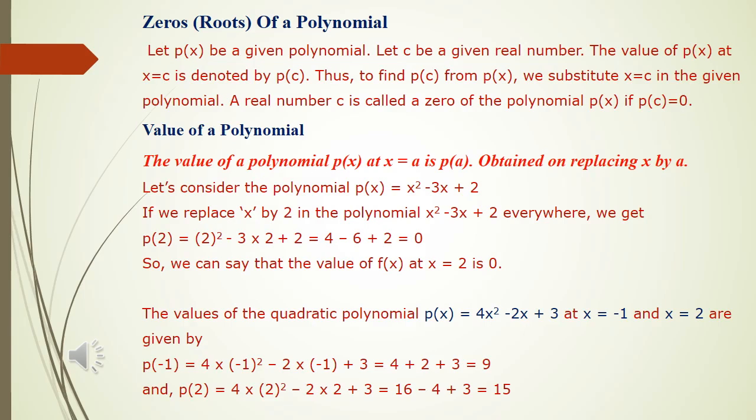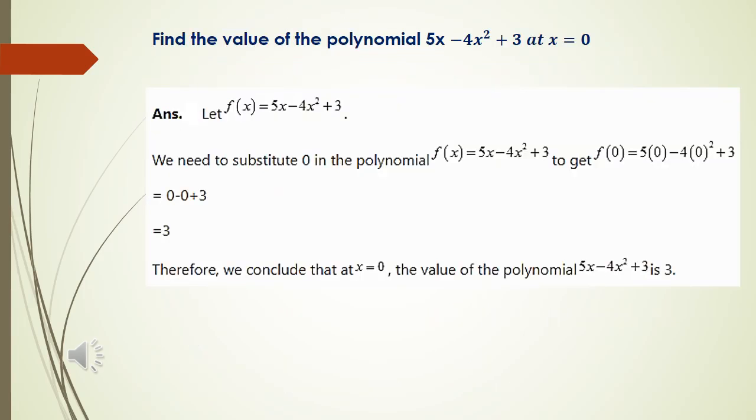So, we will have 4 into minus 1 square minus 2 into minus 1 plus 3. And as we simplify, we get answer 9. So this is the value of the given polynomial. When we replace x by 2, we get answer 15. So here the given quadratic polynomial has different values for different given real numbers.